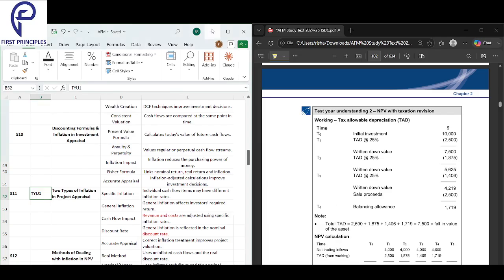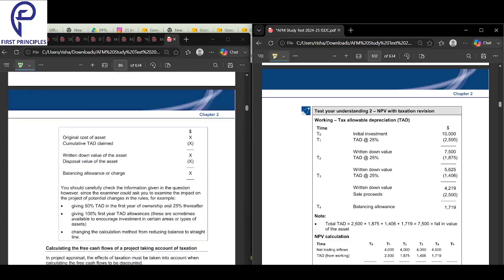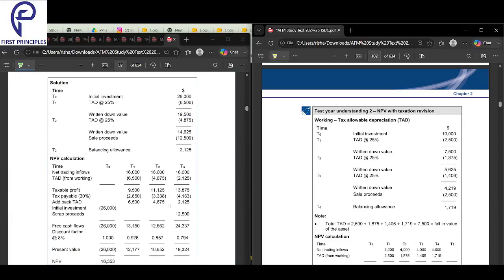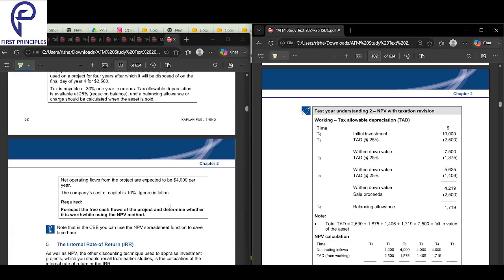Next, we look into TYU2. We look into the impact of taxation. Illustration.